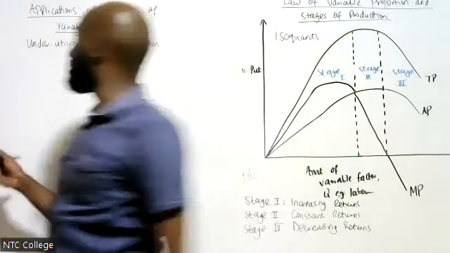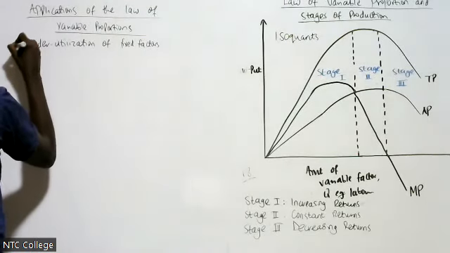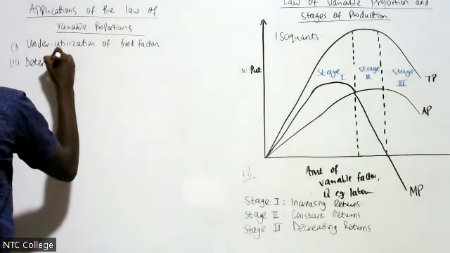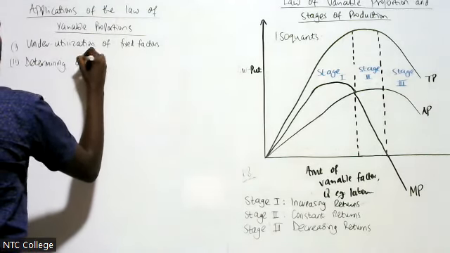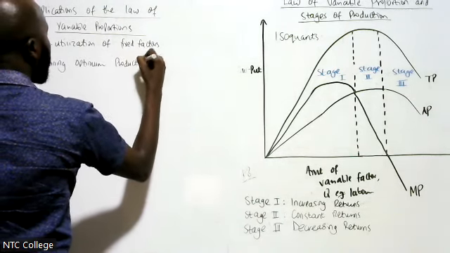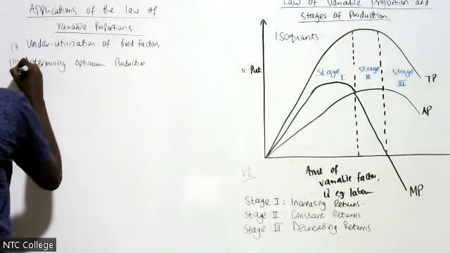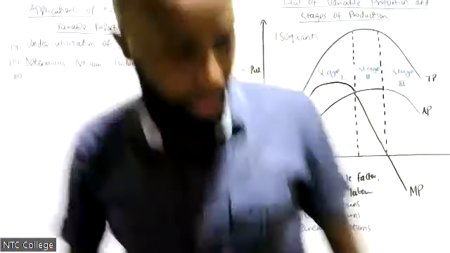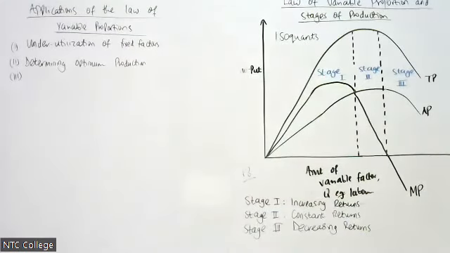So the second application area is that it is used in determining optimum production. That is number 2, helps in determining optimum production.